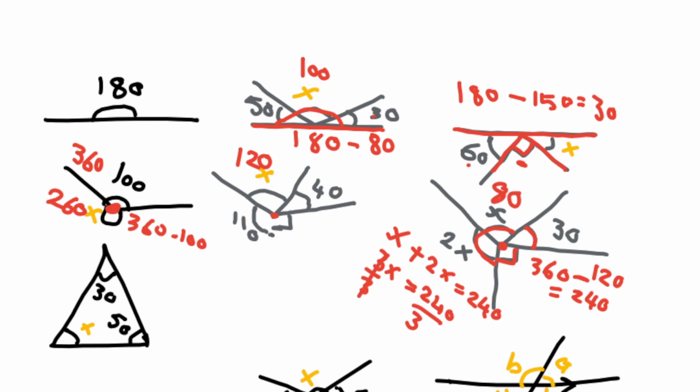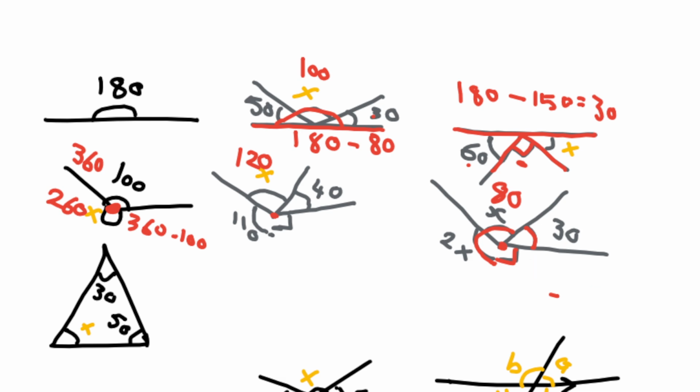That means this angle, x, is 80. And that's not all, because we do have 2x here. If they ask you to find the value of 2x, it's just going to be 80 times 2, which is 160. However, if the question asks to find x, x is just 80. Nice question, isn't it?